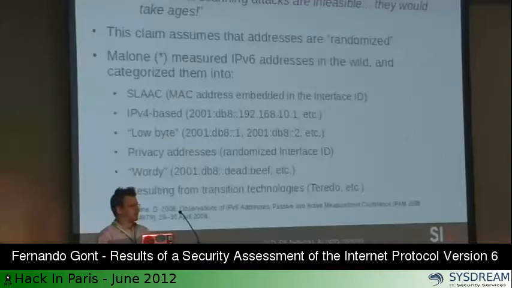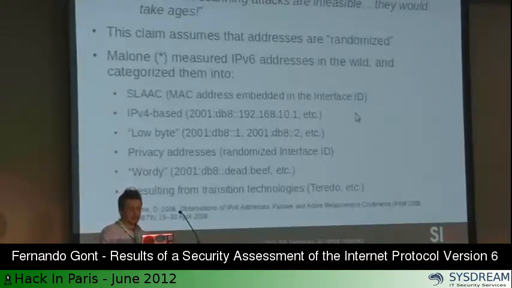So this guy came up with these categories for the addresses. The first one is SLAAC, or addresses that embed the MAC address of the network interface card. Then there's another category that is IPv4-based addresses. If you look, for example, at the syntax here, you'll see that the IPv6 address syntax allows you to include an IPv4 address as part of the IPv6 address.